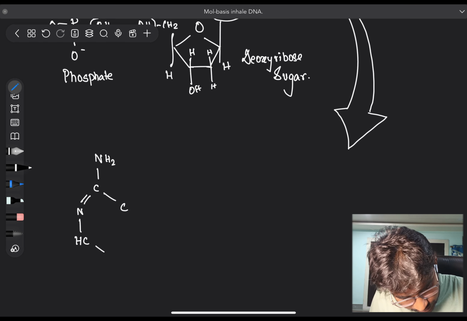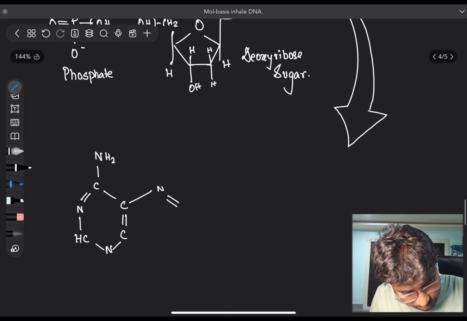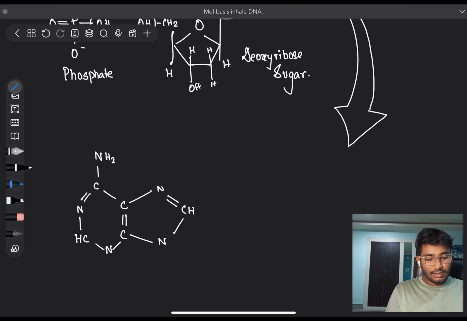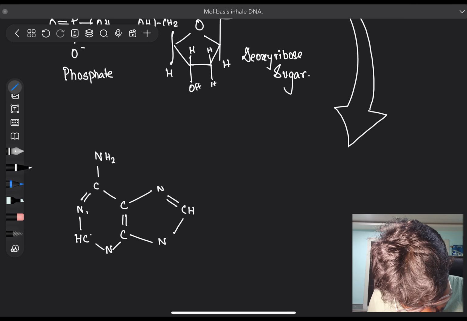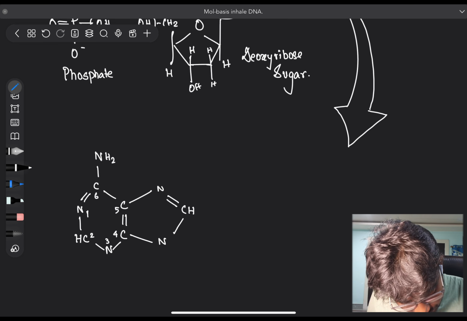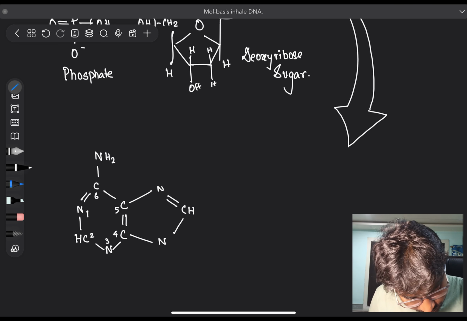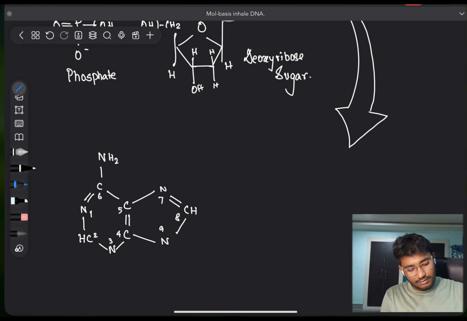This one is carbon, double bond carbon, single bond nitrogen, nitrogen, double bond hydrocarbon, nitrogen. Okay, now what happens? 1, 2. Now what happens?